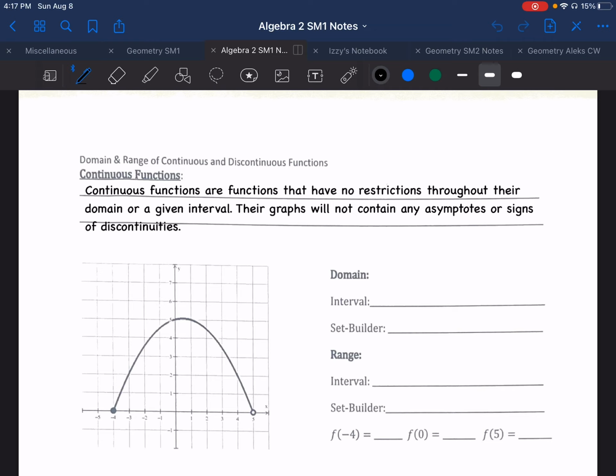So continuous functions are functions that have no restrictions throughout their domain or on a given interval. Their graphs will not contain any asymptotes or signs of discontinuities. So basically what's going to happen is you are going to see a graph and you're going to see it either continue forever.